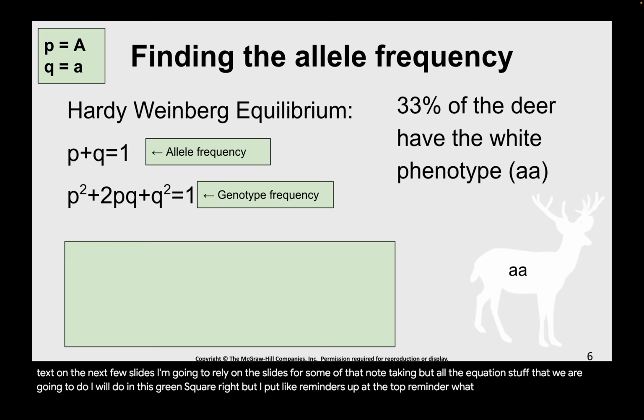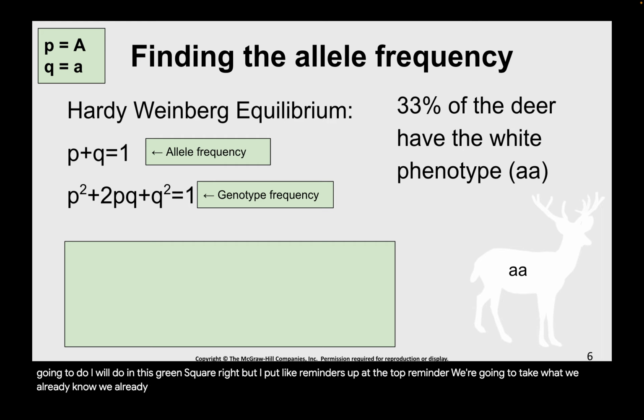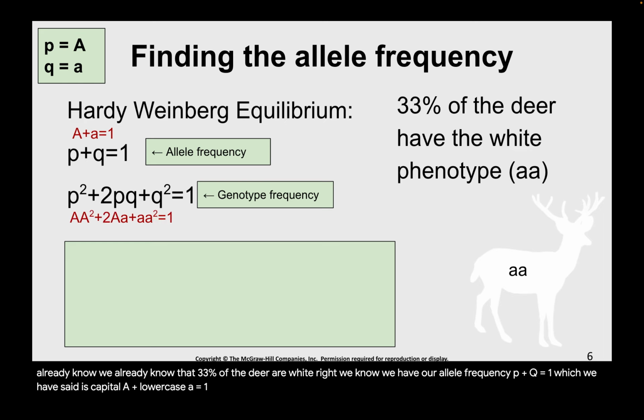Reminder, what is the equilibrium? What are our P's and Q's equaling? We're going to take what we already know. We already know that 33% of the deer are white. We know we have our allele frequency, P plus Q equals 1, which we have said is capital A plus lowercase a equals 1.